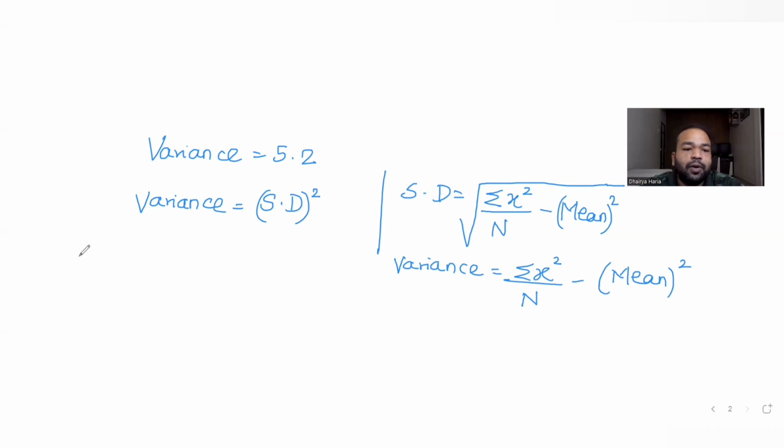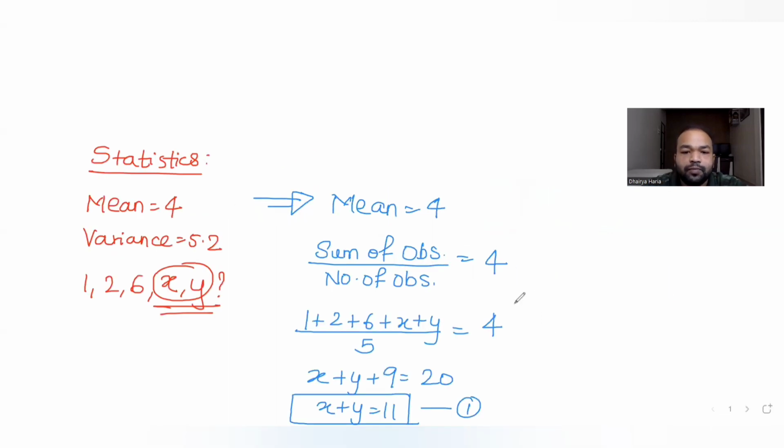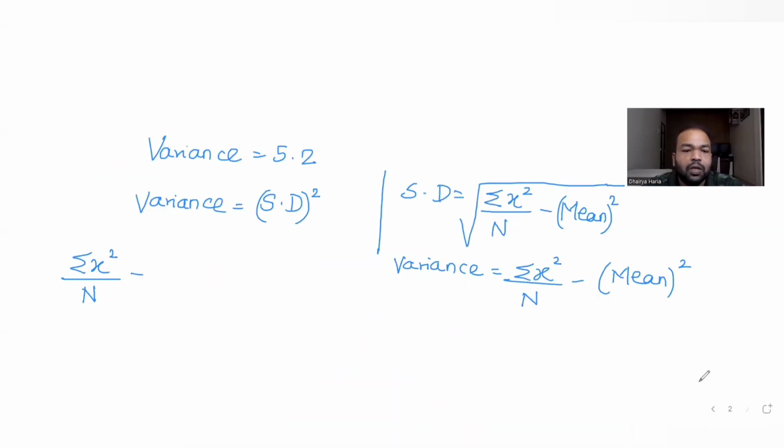Now if I write that, you get the sum of all the squares of observations upon the number of observations, minus the mean, the whole square. We already know the mean, that is 4, so the mean square is 4 square, and that is equal to the variance, 5.2.